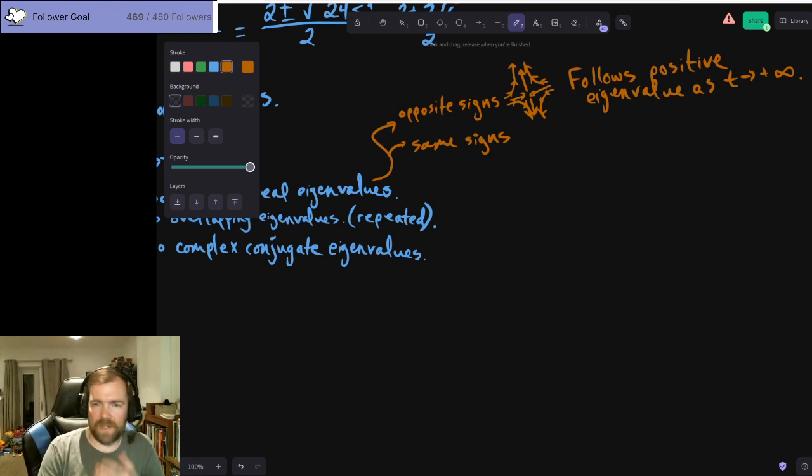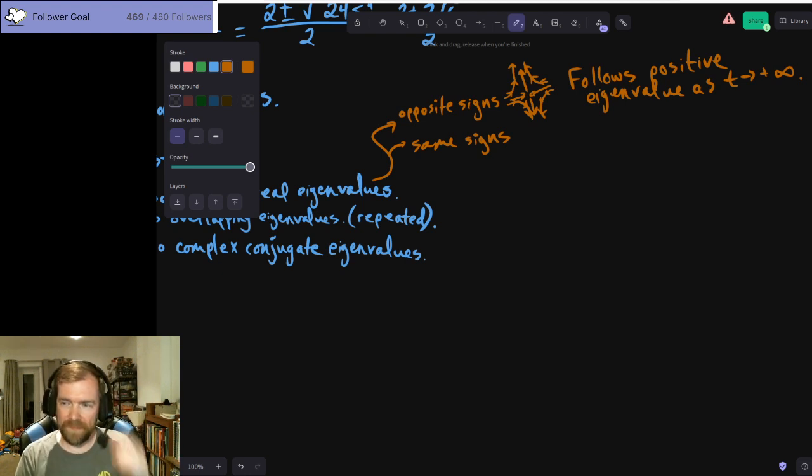So when you have the same signs, what's happening? We don't have to be particularly specific, but the larger of the two values is telling you what direction your solutions will be pointing toward as t gets large.